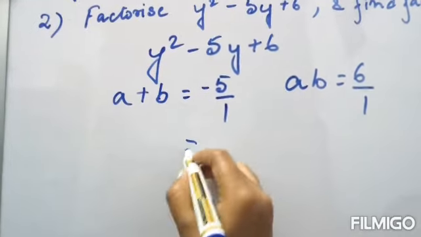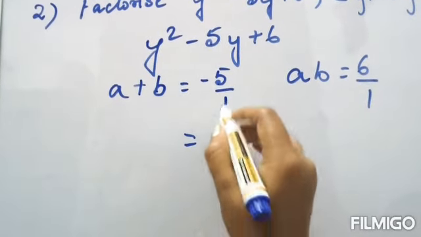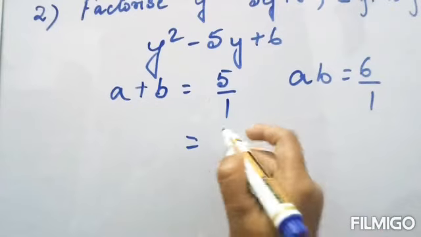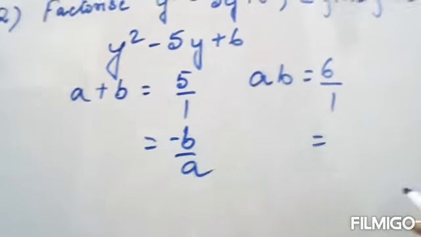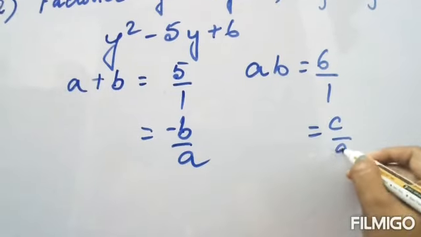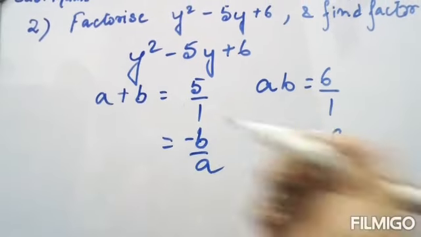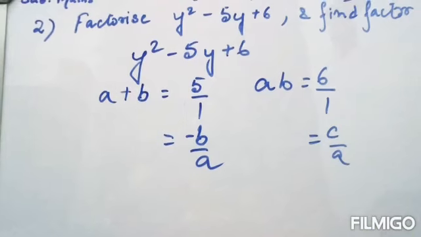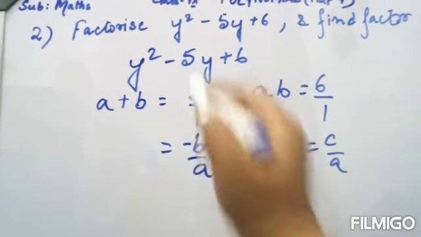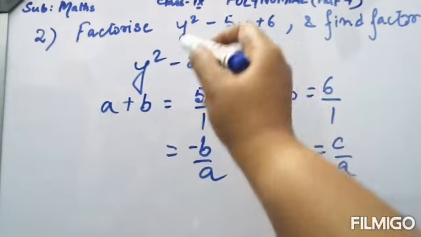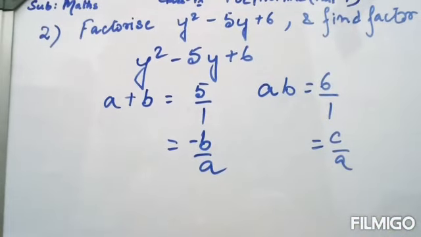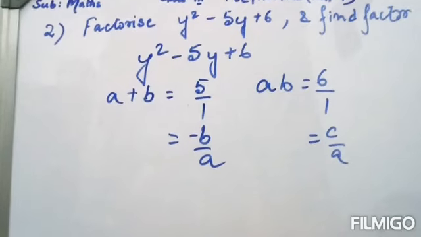This is minus b by a and this is c by a. And what is a? a is the coefficient of y squared, the leading term, then the coefficient of the next term and the constant.